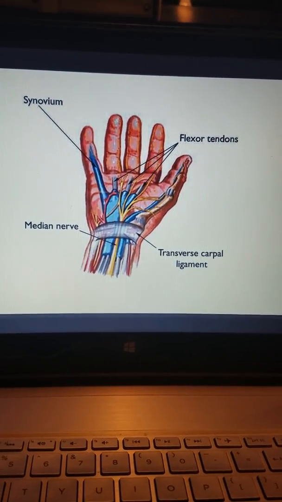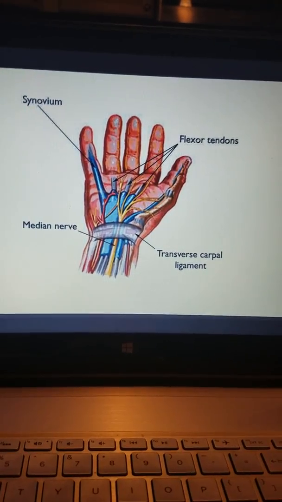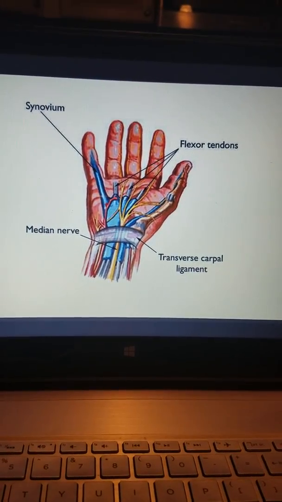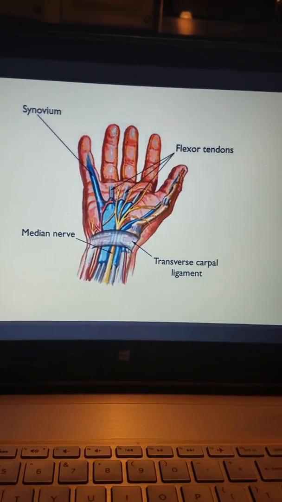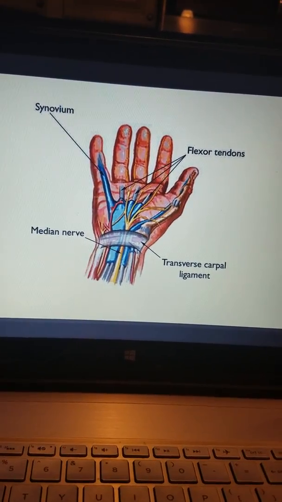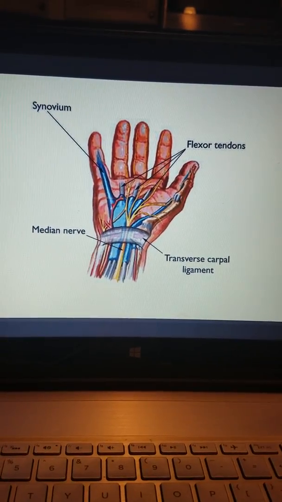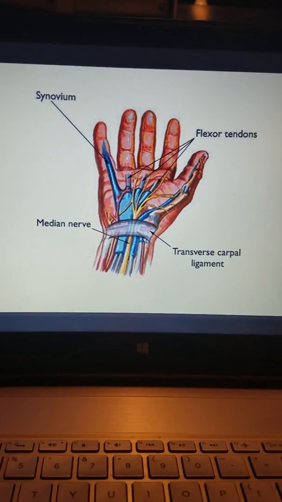Also pregnancy, as there are hormonal changes during pregnancy that can cause swelling. And health conditions like diabetes, arthritis, or a thyroid gland imbalance are all associated with carpal tunnel syndrome.